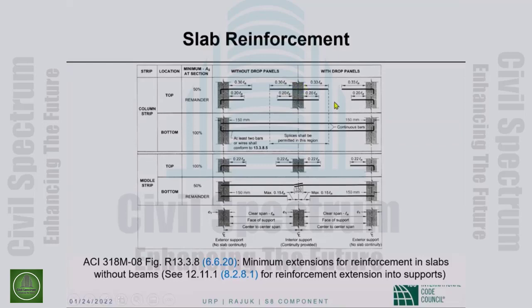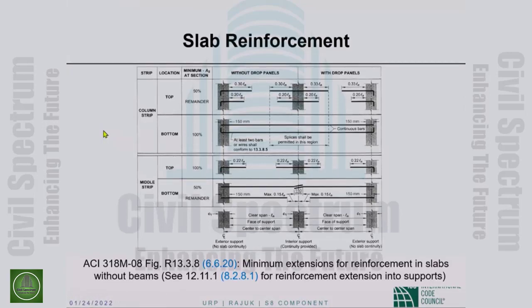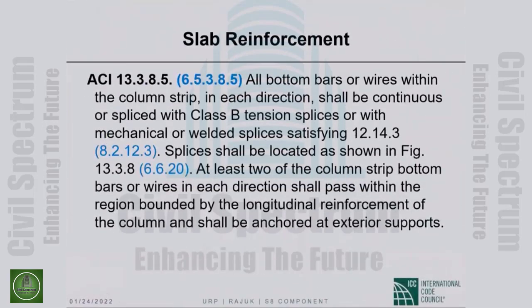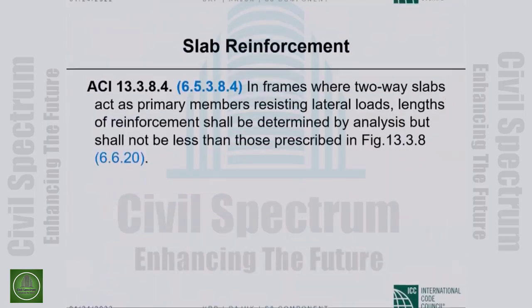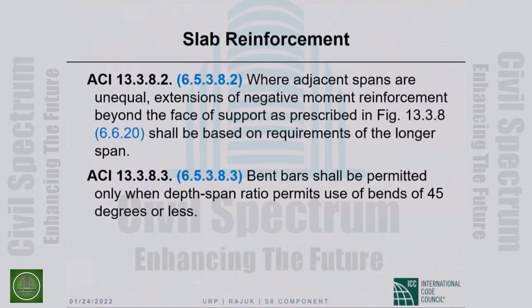Okay, so this picture is an absolute necessity to understand and to comply with. So please take a look. I will not be able to improve anything by dwelling on every number here, but I do want you to understand that this very important picture is part of the code and you are supposed to follow it.